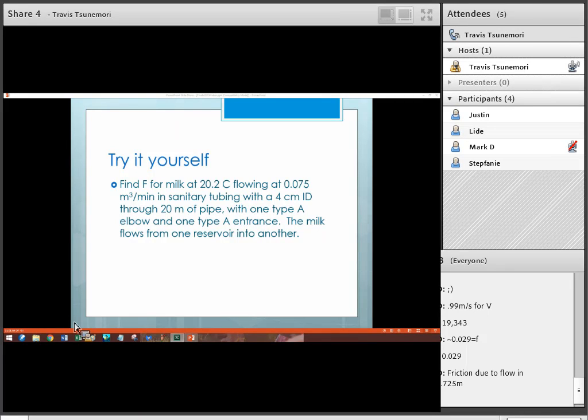Yeah, friction loss due to flow in the pipe is 0.73 meters. Yep. So you've got such a small V squared over g that we don't get a whole lot of contribution from the expansion, the contraction, or the elbow.